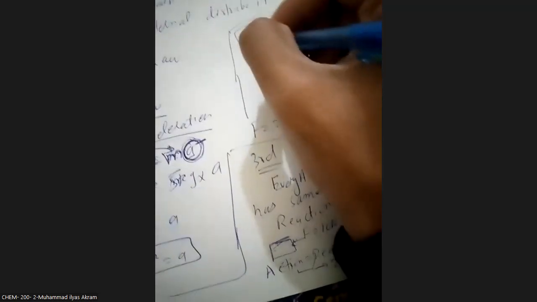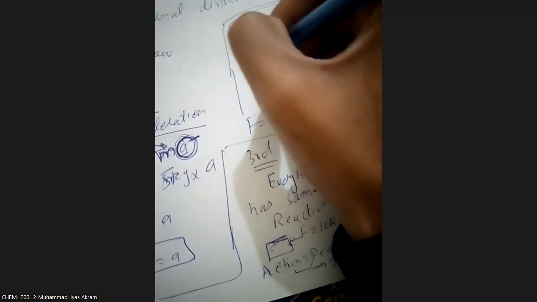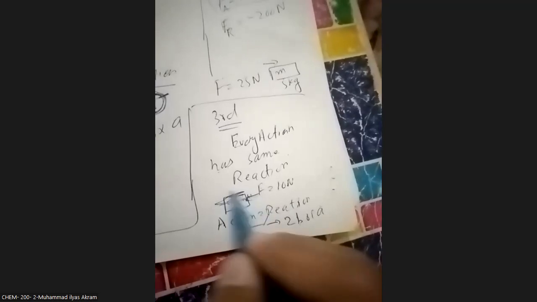This is the action force, so the reaction force will be minus 200 Newton. Look here, you are applying a force in this direction, while this body applies a force in the opposite direction. So action and reaction are always anti-parallel.